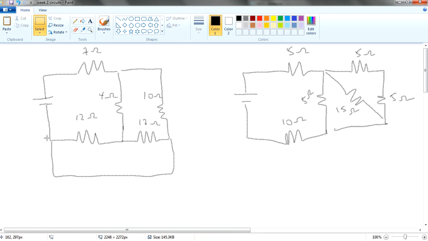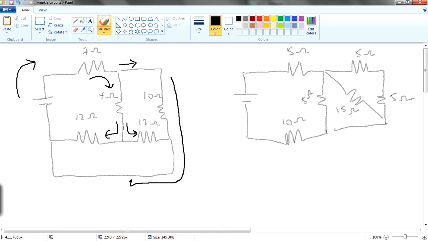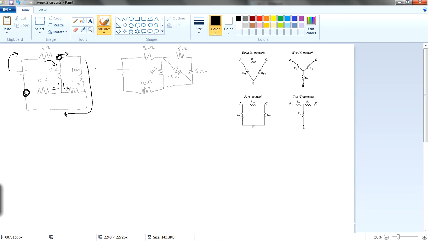Current flows in this direction, and it flows in here, and it flows in here, until here, and this one will flow all the way down, right? So at this point they split, at this point they meet. So this is the rule that I'm going to use for these two circuits. Okay, these two. As for this one, it is different.